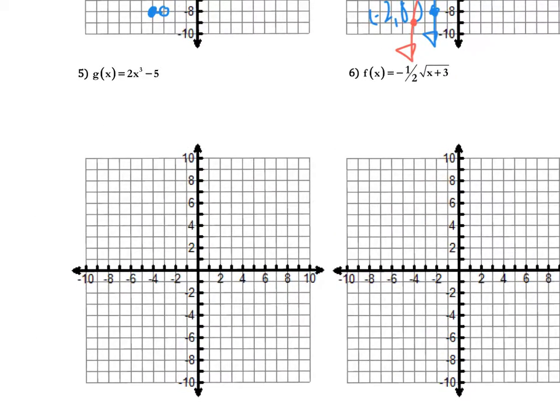Okay, for this one, it's a cube again, so we can do the parent function. Write down all of our ordered pairs from there.